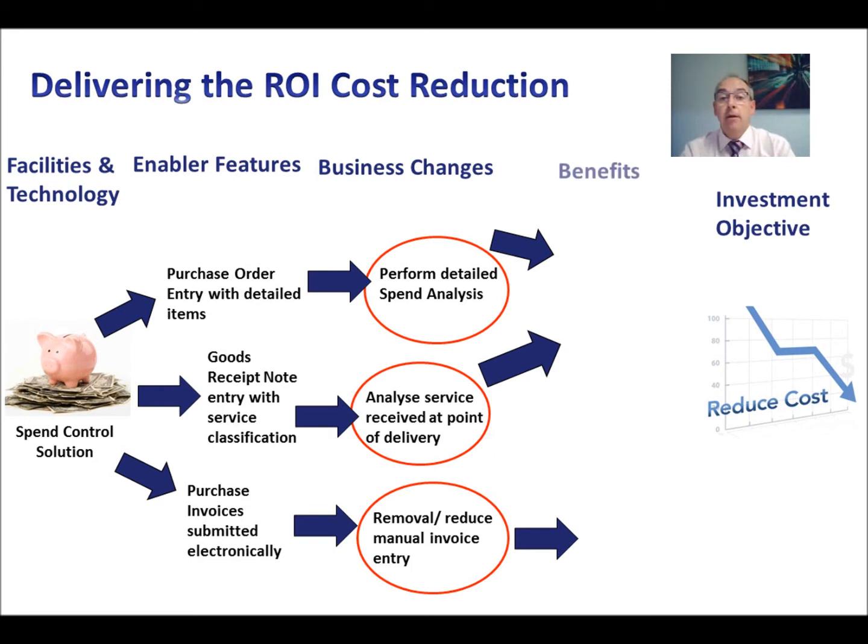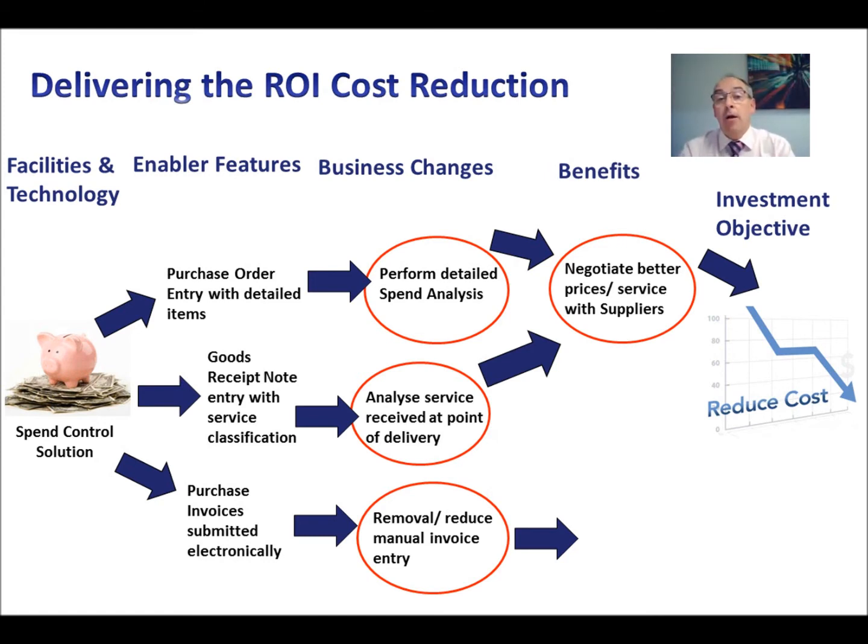The business benefits are if we cut down on the amount of time we have to spend doing analysis based upon reviewing individual invoices because it's electronically available, then we can go back to our suppliers and we can talk to them about how we can work better to both reduce our cost and their cost as well.